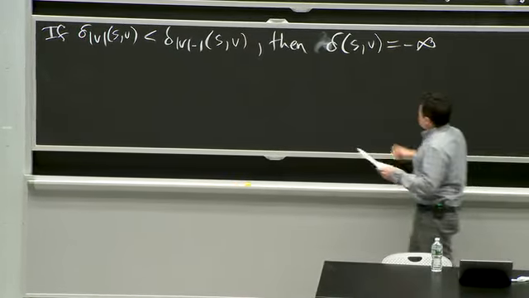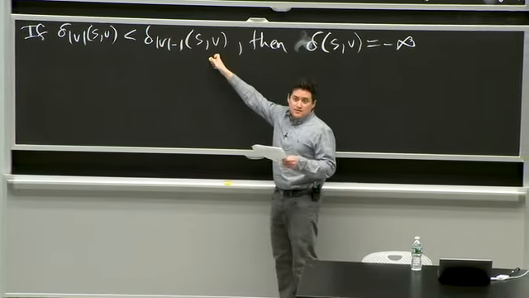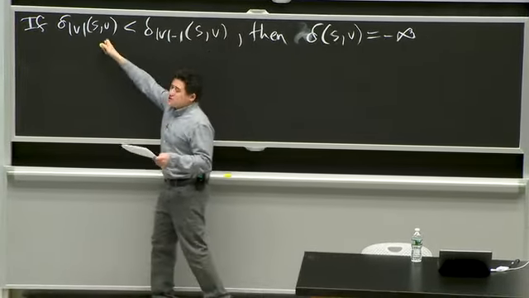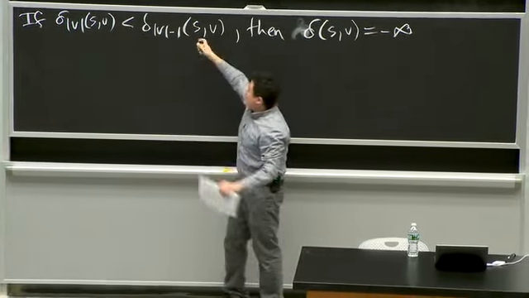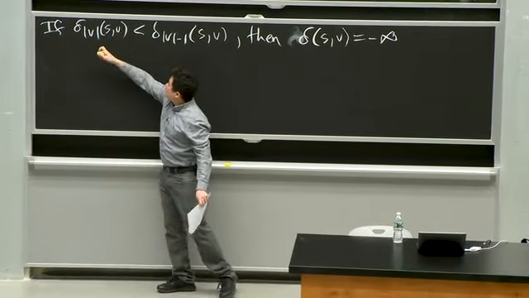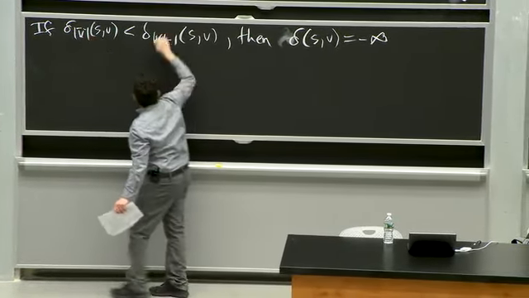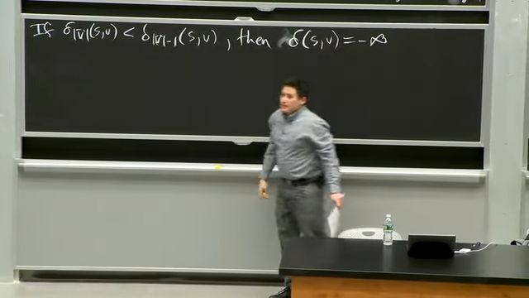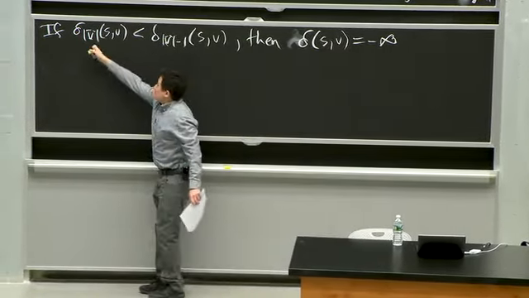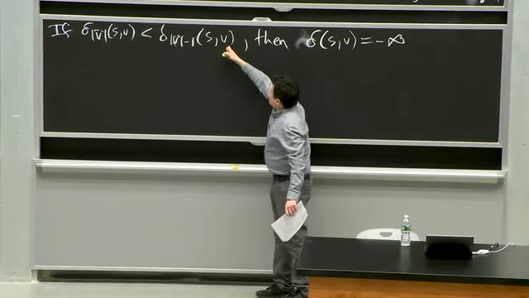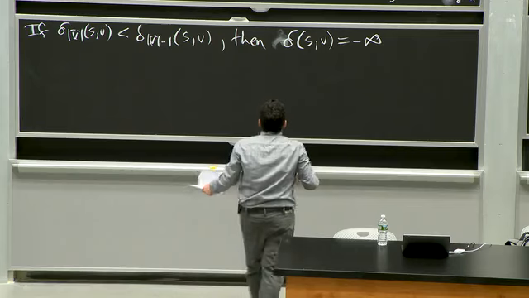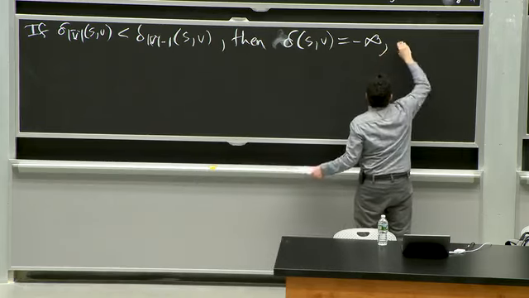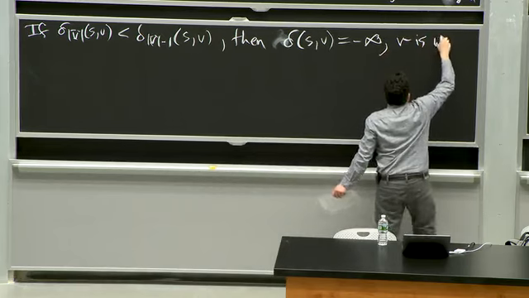I'm going to call such a vertex a witness. I haven't shown you how to compute these things yet, but if I were able to find a vertex V with this property, and these are capital V's, if you're having trouble, this V is different than this V, this is cardinality, that certifies that there's a negative weight cycle in our graph. So I'm going to call V a witness.